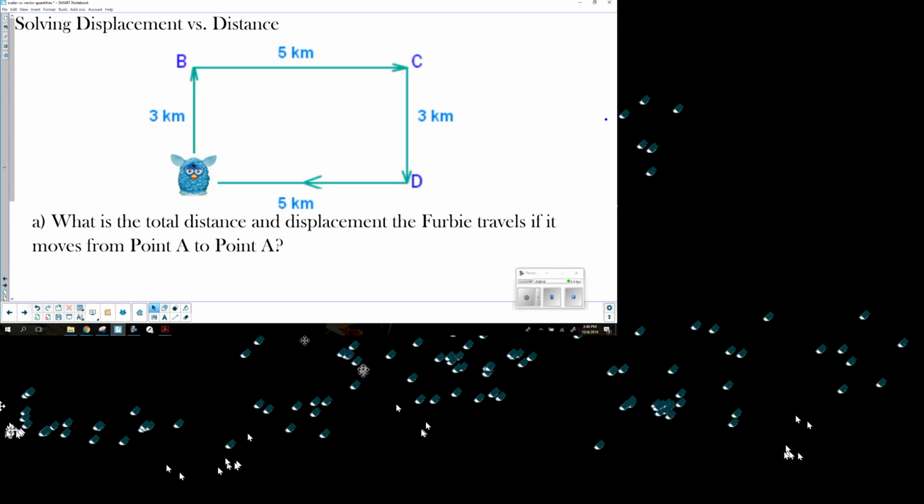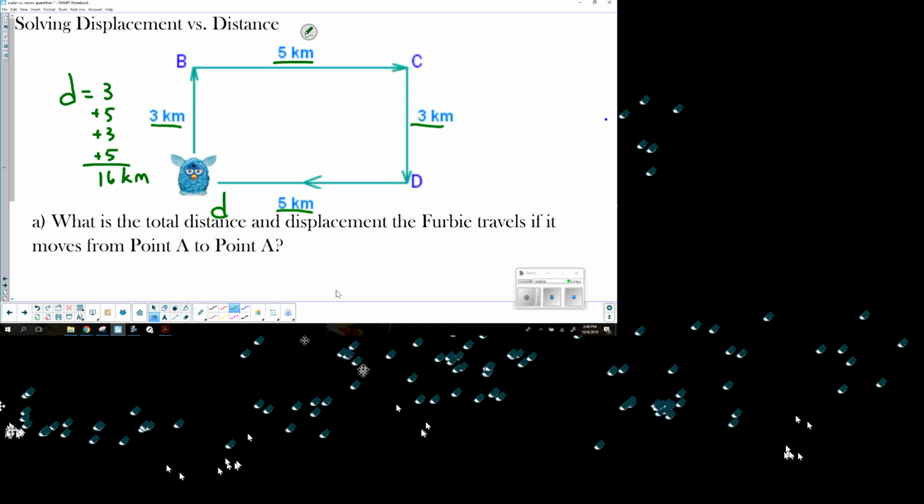When I'm talking about distance, distance gets the variable lowercase d. And distance I can just find by adding up all of the distances I run. I can say 3 plus 5 plus 3 plus 5 makes a total of 16 kilometers.